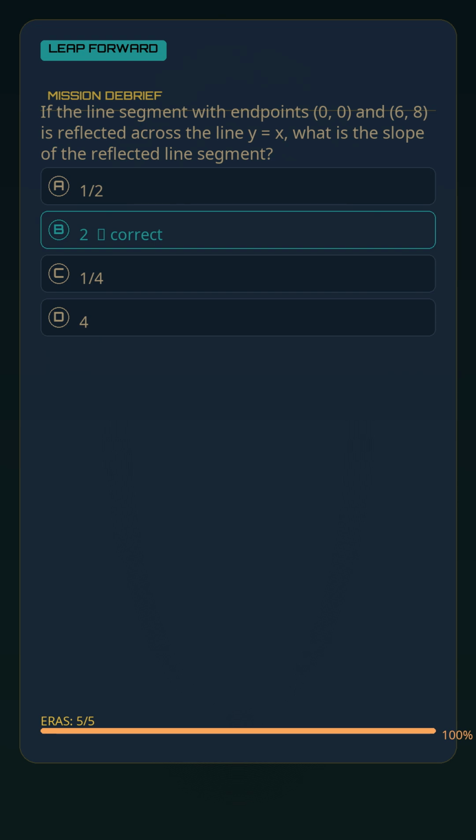Given the two points after reflection, the slope is the rise over run, or (6-0)/(8-0) = 3/4. The new slope is the reciprocal of the original 4/3, which is 3/4.